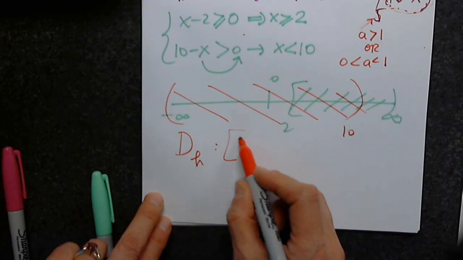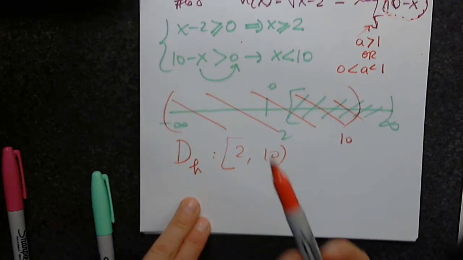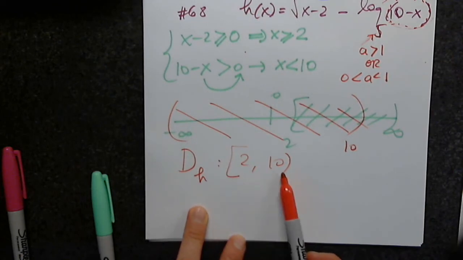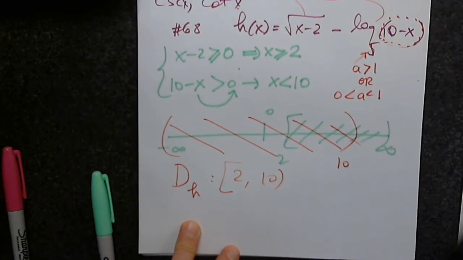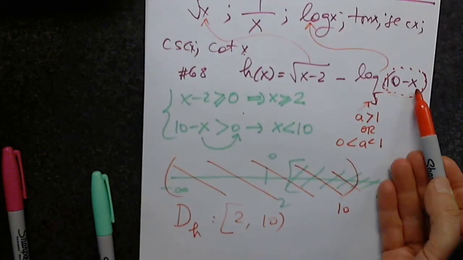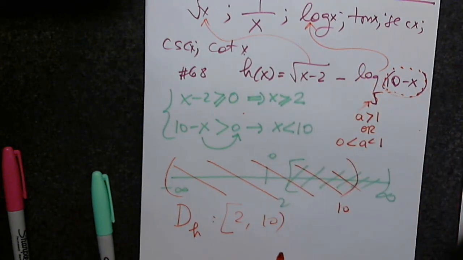Yes? 2. Yes? 10. That's it. Where both colors exist. The orange and the green are there together. So now if you ask me to evaluate this function for any number between 2 and 10 but not 10, I'll say okay. But if you say plug in 0, I'll say sorry, I can't. I can plug 0 in here, but 0 minus 2 is negative 2, and the square root of negative 2 is not a real number.